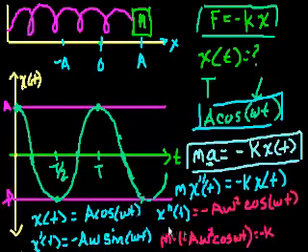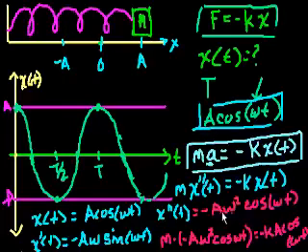And x of t is a cosine omega t. Hopefully you understand what I'm saying. I just substituted x prime prime, the second derivative, into this, and I just substituted x of t, which I guessed as that, in here. And now I got this.